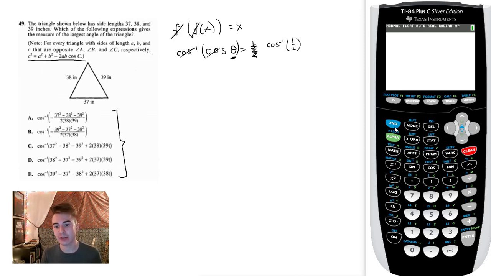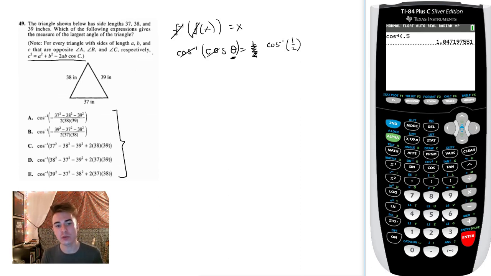I could even come over to the calculator, do second cosine inverse of a half, and it'll give me a value, right? That there is pi over 3. It's in radians mode. So if I have an angle within a trigonometric function, I can get the angle isolated by inverting that trig function.